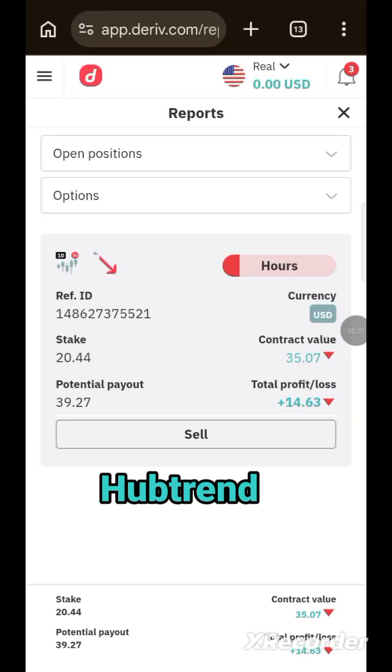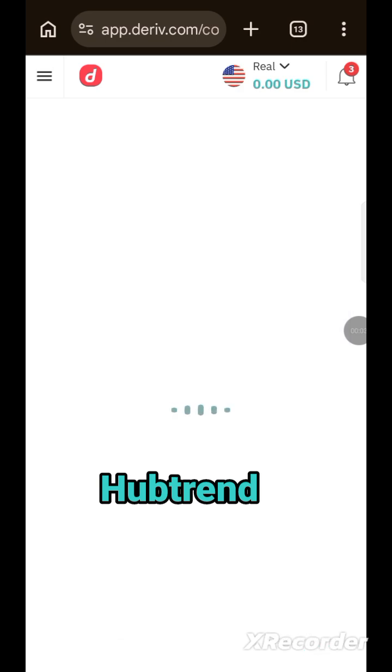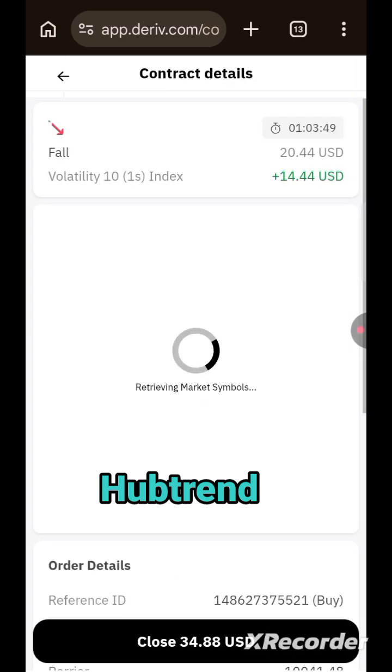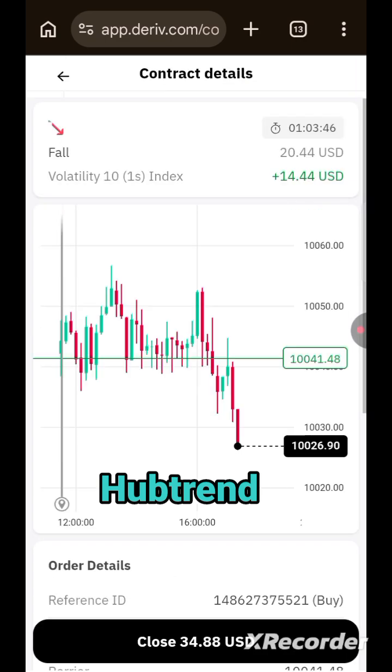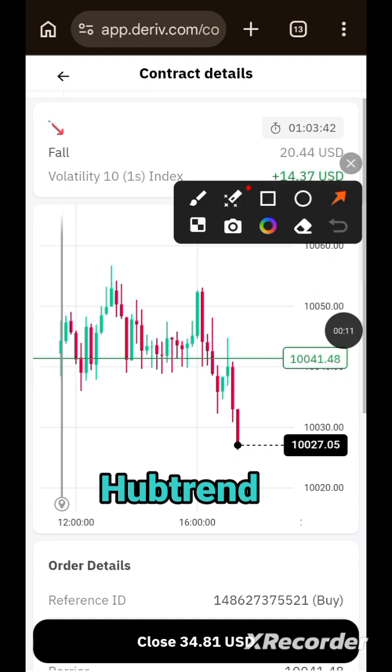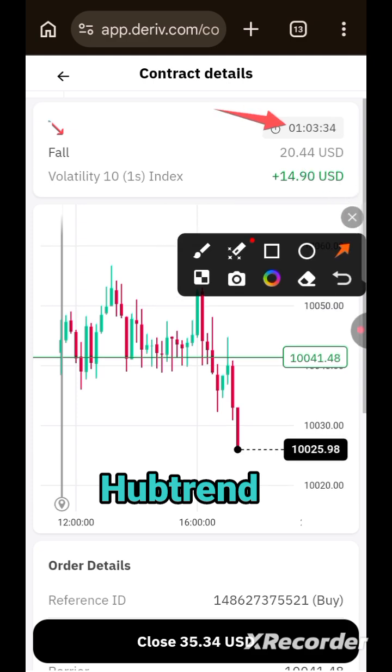So let's check how many hours are remaining for this position to close. Okay, right here we still have like 1 hour 3 minutes for this position to close.